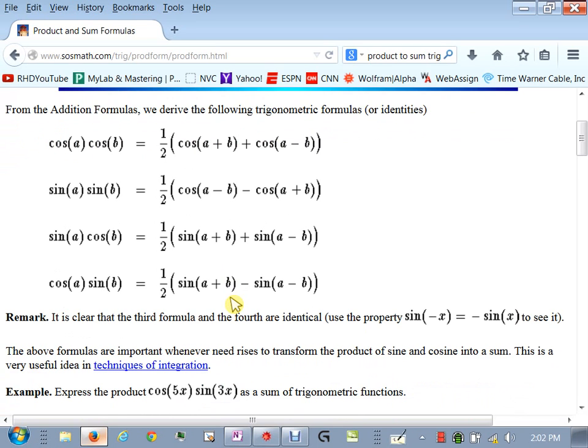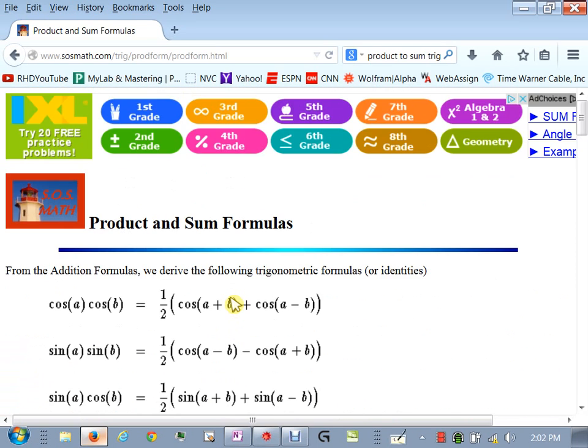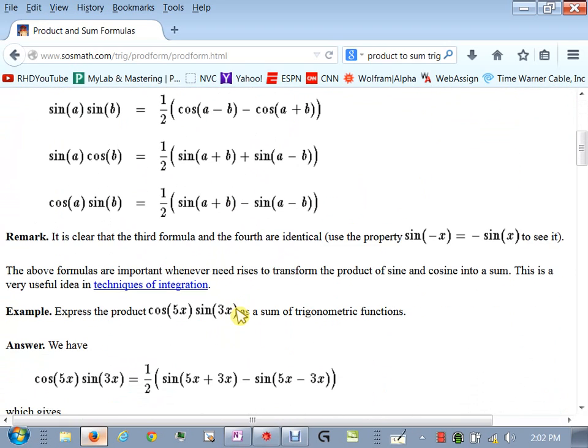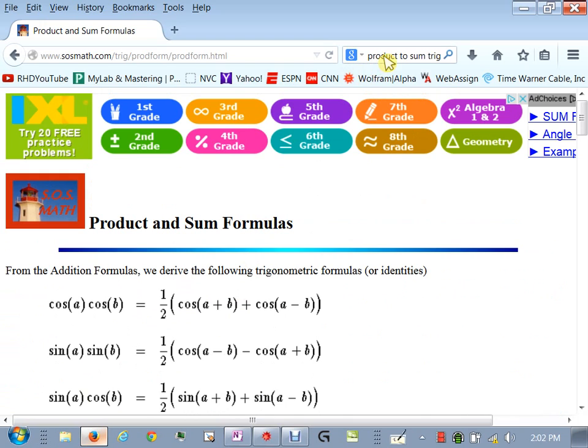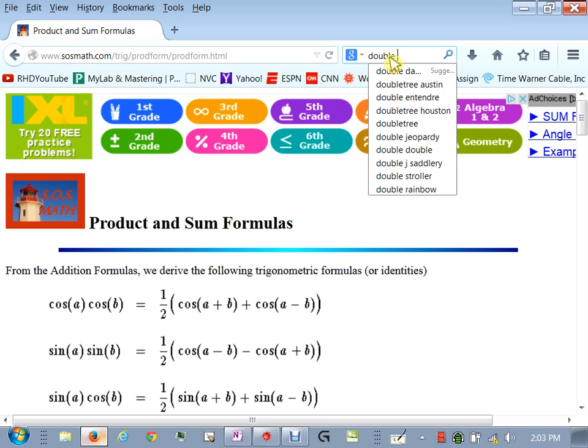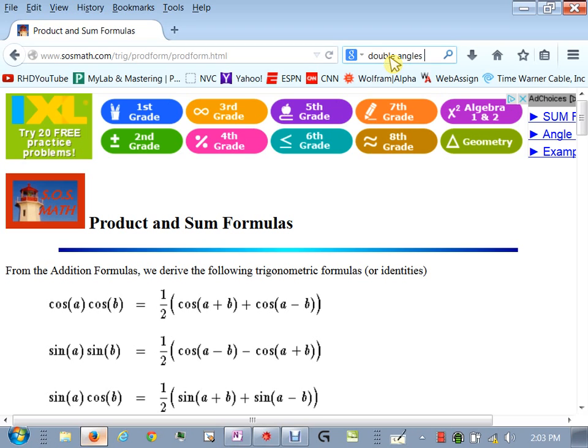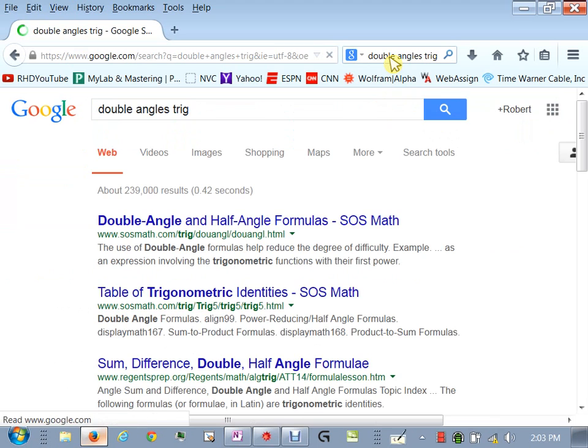Where are your other formulas? Break out your formula sheet. Product. Yeah. What is it? Double angle trig. That should be good. Let me see.